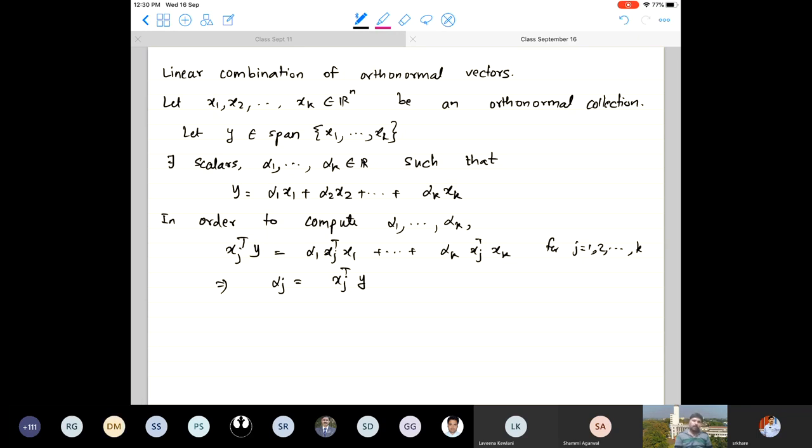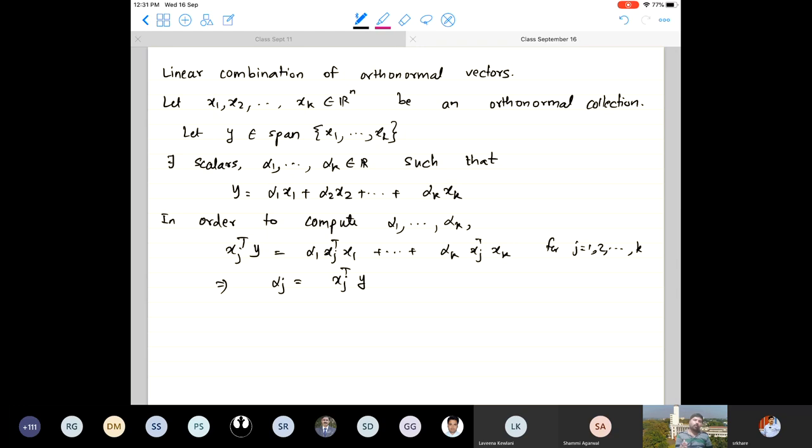So I am saying that a vector y belongs to the span of this orthonormal collection. What does that mean? There will exist scalars alpha 1 up to alpha k in R such that you can write y as a linear combination of these vectors x1 up to xk. So you can write y is equal to alpha 1 x1 plus alpha 2 x2 plus alpha k xk.